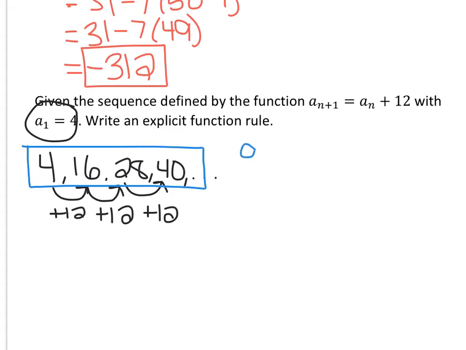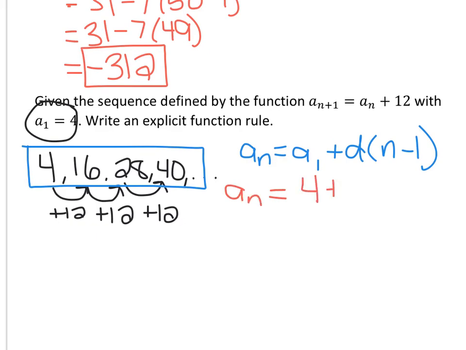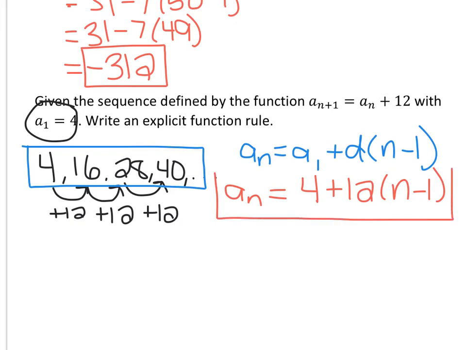So it's an arithmetic sequence, so we know a subscript n equals the first term plus the common difference times n minus 1. And what's our first term? Our first term is 4. What's our common difference? 12. And we're not looking for a specific term this time, so we can just leave it in terms of n.